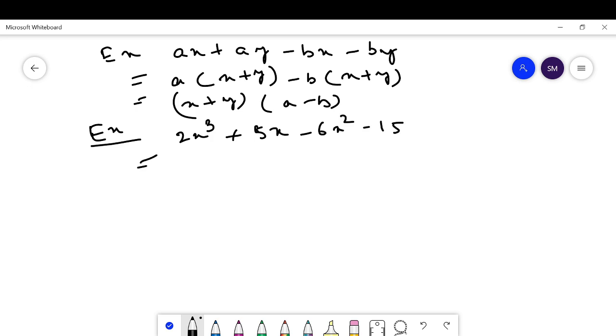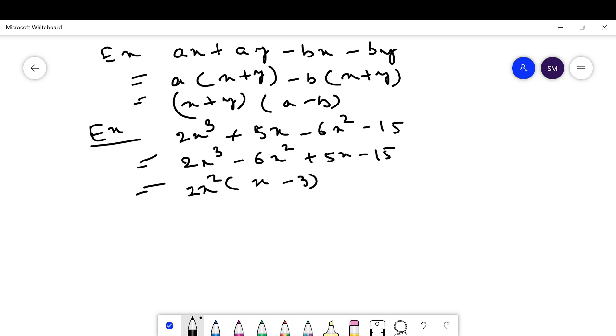Look at these. Then you can write it in the form 2x cube minus 6x square plus 5x minus 15. Then in these first two terms, you may take common 2x square. From 2x cube, when you take common 2x square, only x remains here, and here minus 3. From 6x square, when you take common 2x square, here only minus 3 remains.